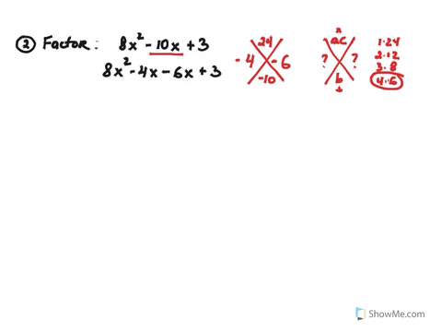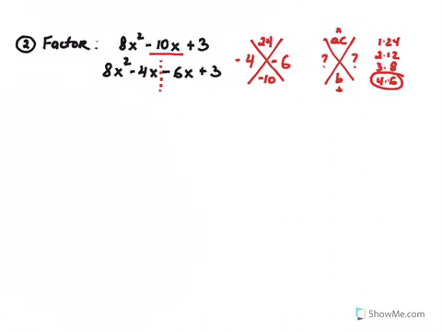Again, notice negative 4 and negative 6 together are equivalent to the original negative 10x. So this new expression is equivalent to the original trinomial. Apply the grouping method of factoring to this expression.